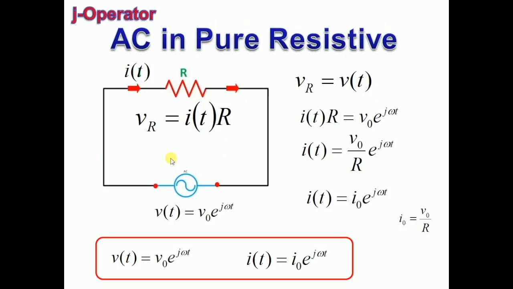Now we are equipped with the j operator to represent things, and now V of t, that is instantaneous voltage, can be represented by V0 e to the power j omega t.